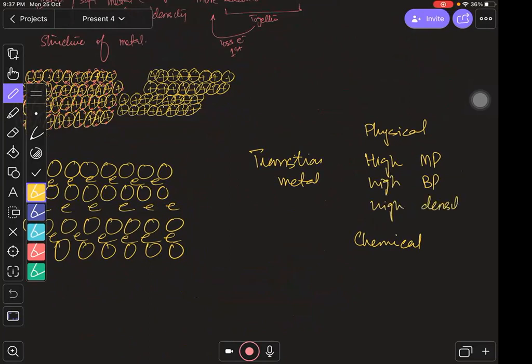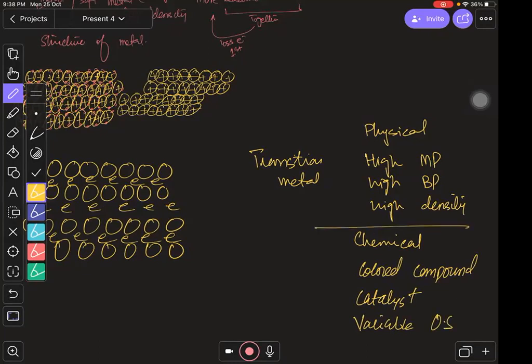You need to remember these are only physical properties, and the chemical properties are different. The chemical properties are that they form colored compounds, in compound form, not in elemental form. They are used as catalysts, and they have variable oxidation states. These are the specific properties of transition elements, right?